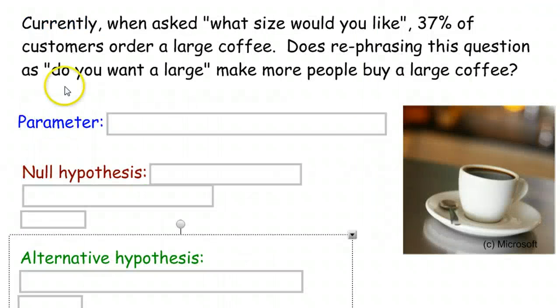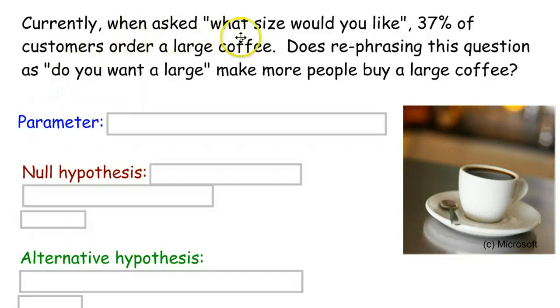And then last example. Currently, when asked what size would you like, 37% of customers order a large coffee. Does rephrasing this question as do you want a large make more people buy a large coffee? And when we talk about biased questions, we're wondering if changing the question you ask your customers can persuade them to get a large coffee more often.